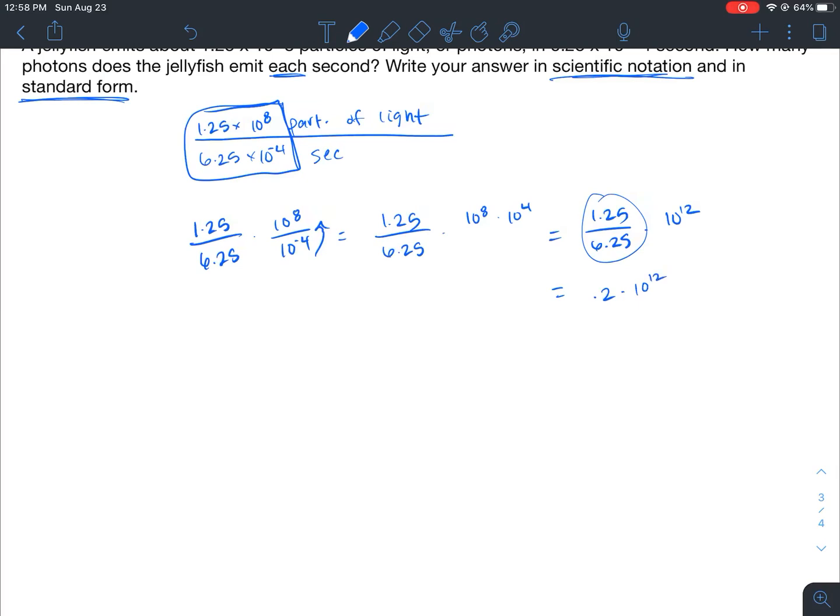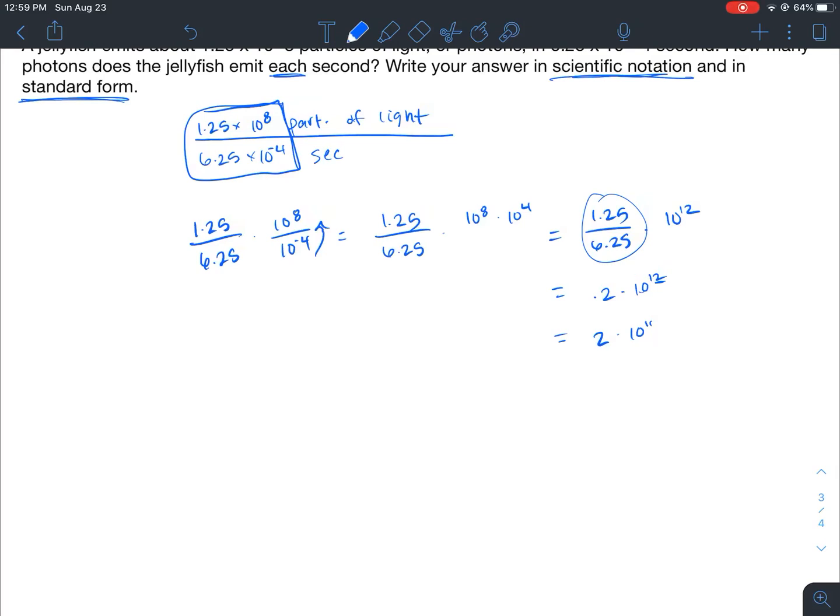Now, depending on who's doing the grading and what the book wants whenever you're doing your homework, it might want this not as a decimal. So basically we can just write this as 2 times 10 to the 11, because if we take one of these 10s and multiply it by this 0.2, it's going to make it 2, but then we have one less 10.